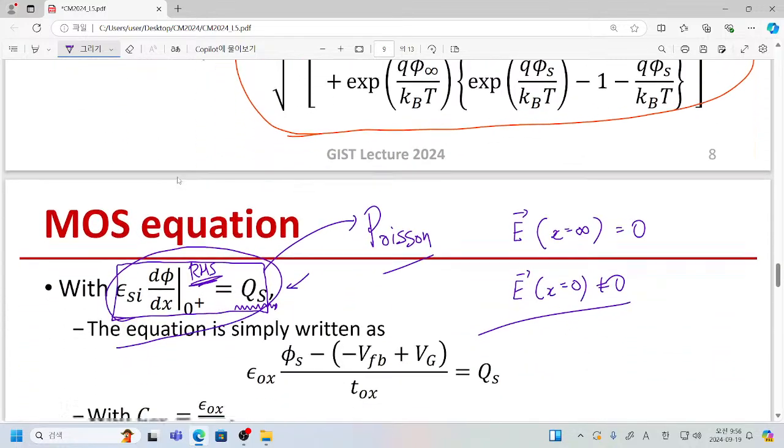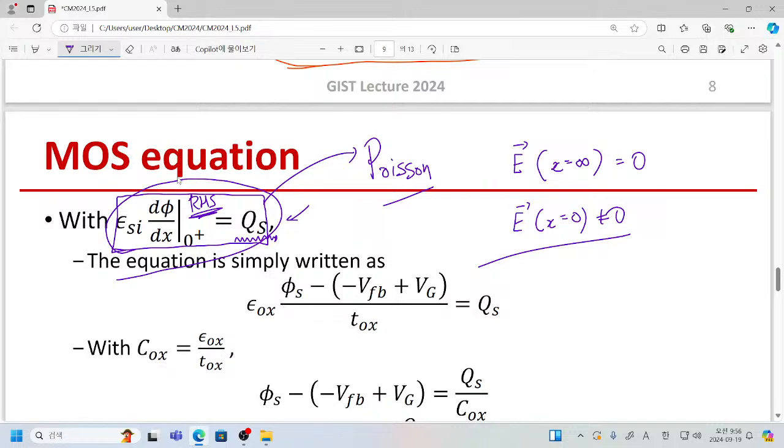Anyway, the right hand side can be regarded as semiconductor charge, and this one has the unit of, for example, Coulomb per square centimeter, because this quantity is already integrated over the semi-infinite silicon region.